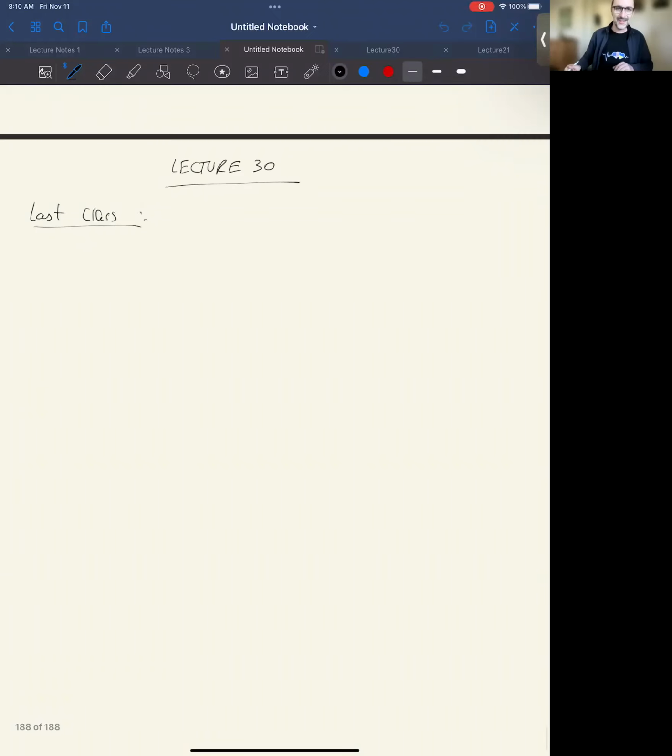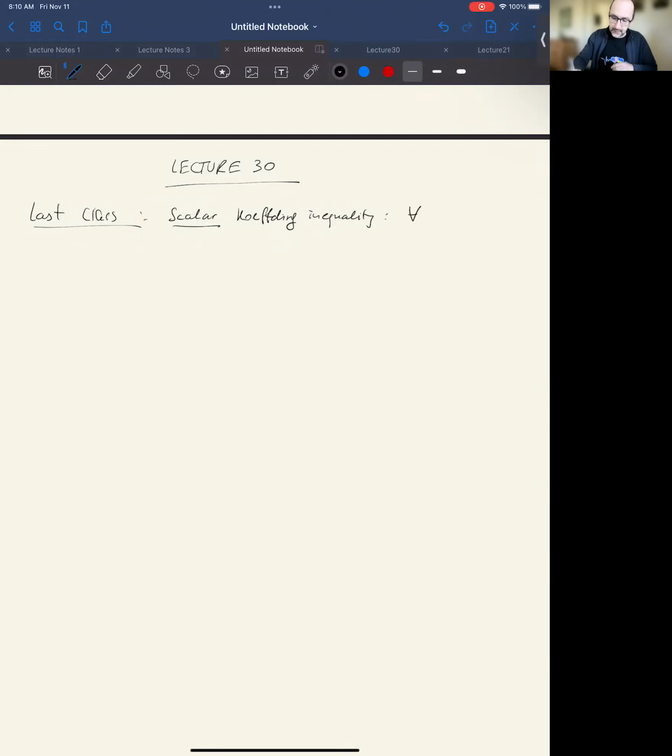This is lecture 30. Last class we upgraded Hoeffding's inequality, which I'll remind you. The scalar Hoeffding's inequality, which we did a long time ago, is one of the concentration inequalities that says something like this.